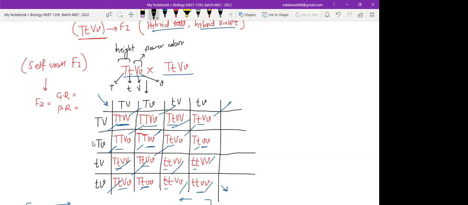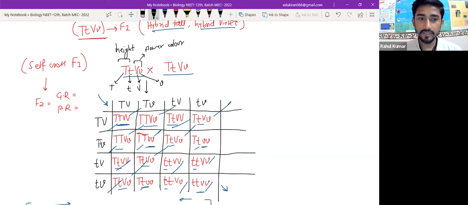Every allele of every gene, capital T or small t, every allele of each gene made a pairing with each allele of each other gene. Yes, that's why there were 4 gamete combinations possible. So capital T gets the turn to come with capital V and small v, and small t gets a turn to come with capital V and small v, right?